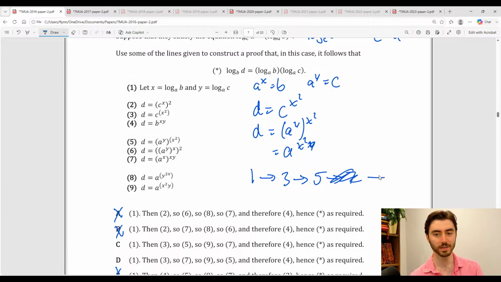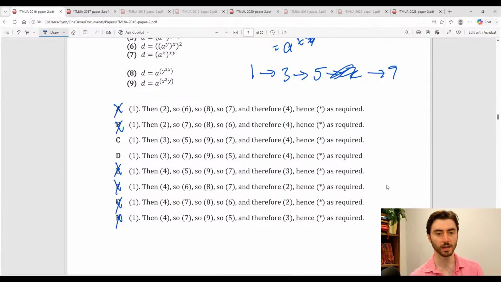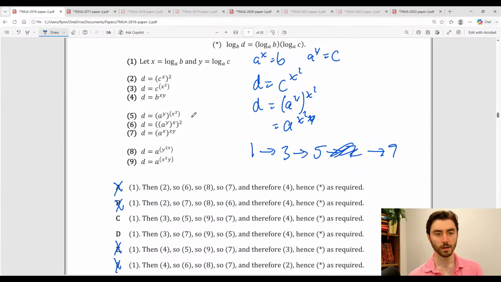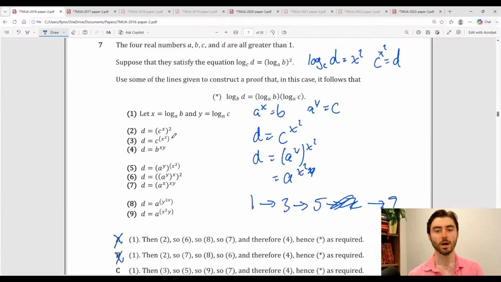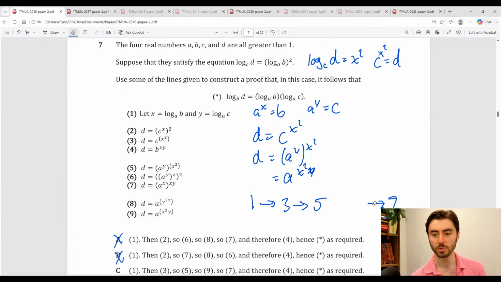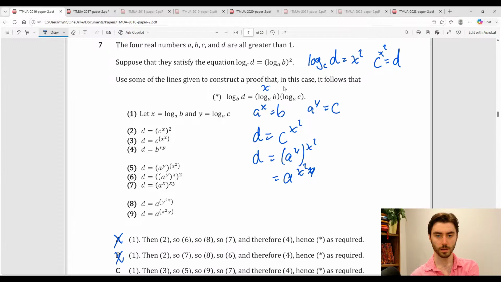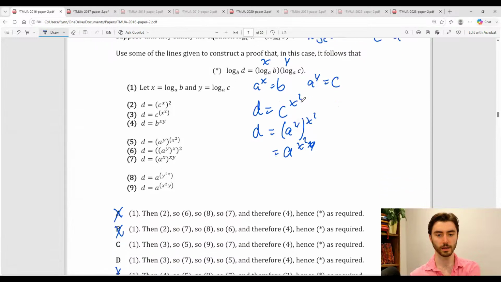I mean, 7 is the same as 9. So it's 3, 5, 9. Okay, let me think about the order here. So which ones get me? Let me just try and do it. So I want to get to here. So we want to get these as base B.